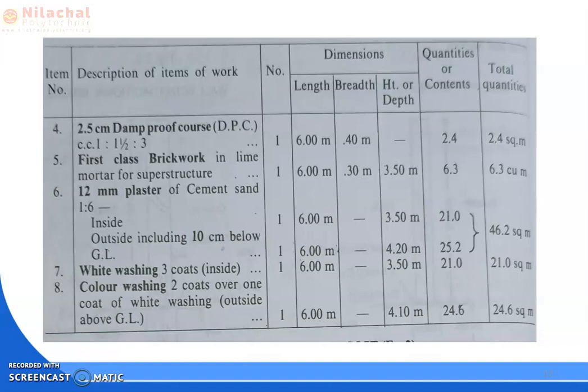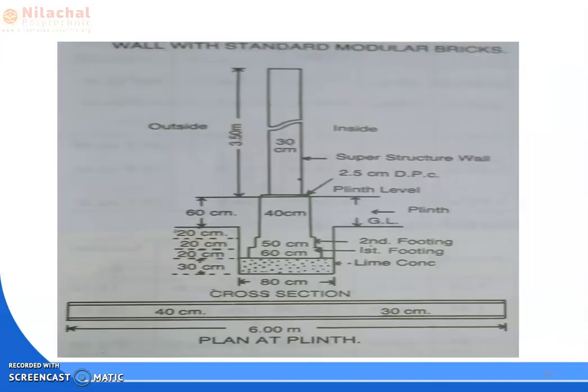Then we go to the breadth part. The damp proof course is provided above plinth level, right? It is provided through the plinth level width. The plinth level width is 40 centimeter, so the DPC width is the same 40 centimeter.